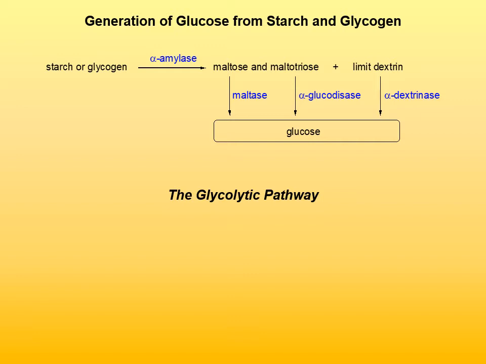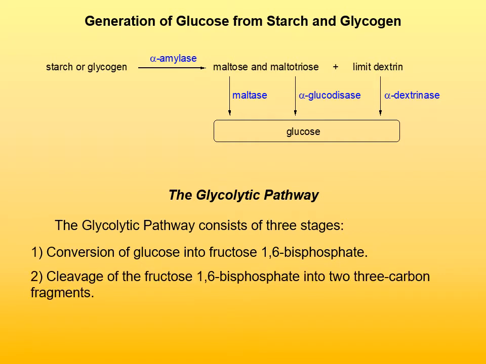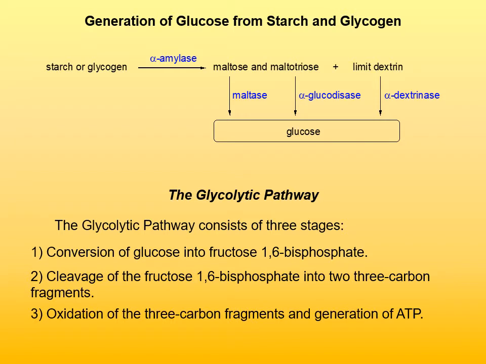Each of those stages consists of several steps. In the first stage, glucose is converted into fructose 1,6-bisphosphate. In the second stage, fructose 1,6-bisphosphate is cleaved into 2 3-carbon fragments, and in the final third stage, those 2 3-carbon fragments are oxidized and ATP is generated.